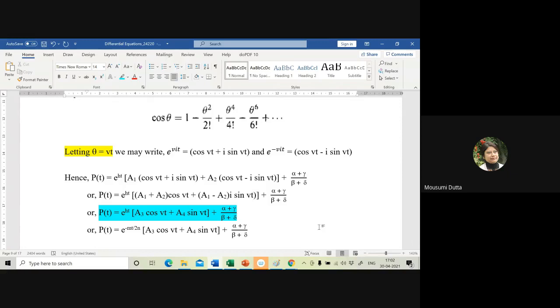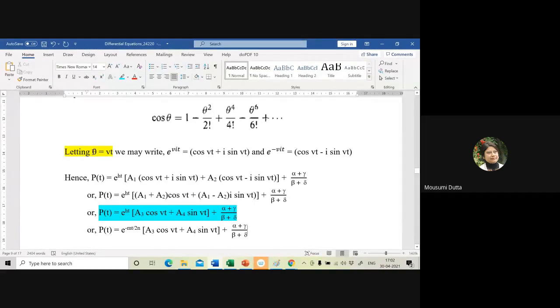Simply, if I consider theta is equal to Vt, in the initial expression, e to the power Vit can be presented by cos Vt plus I sin Vt, and e to the power minus Vit can be presented as cos Vt minus I sin Vt, and then we can write these steps. So please check if you are understanding this thing.